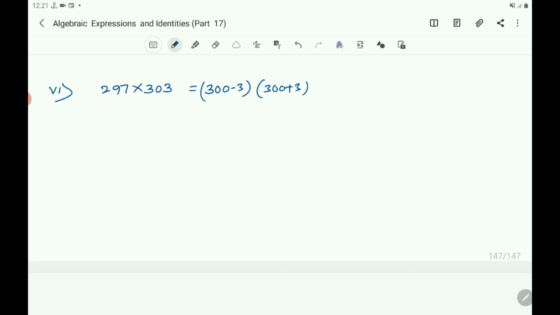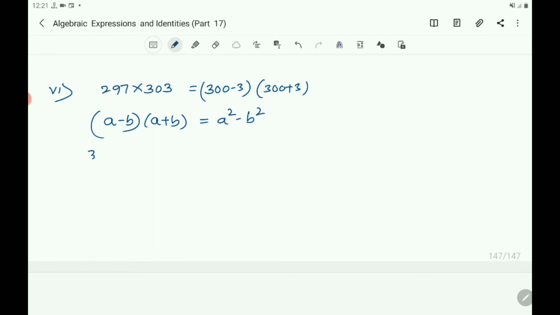Now here you can use the identity a minus b into a plus b equals a square minus b square.